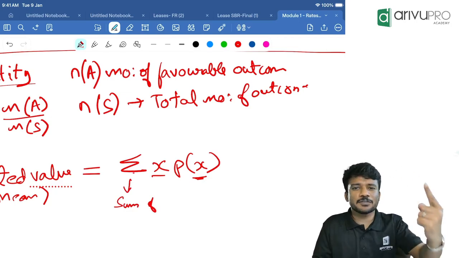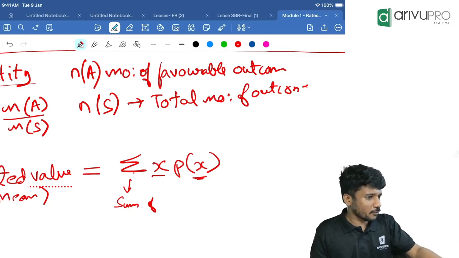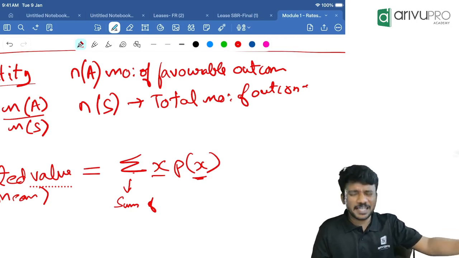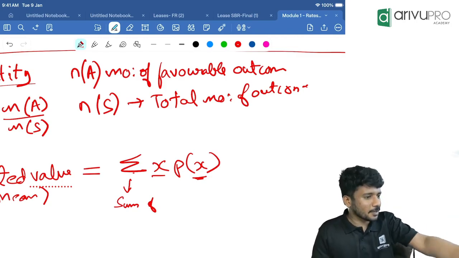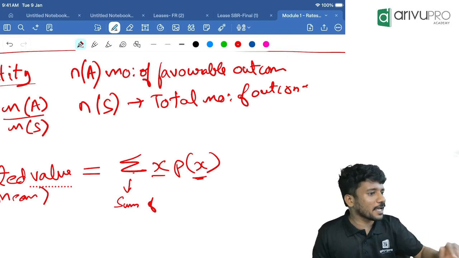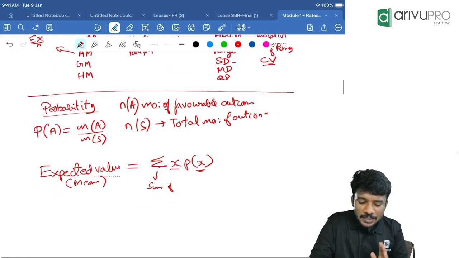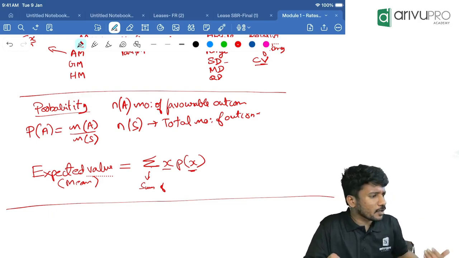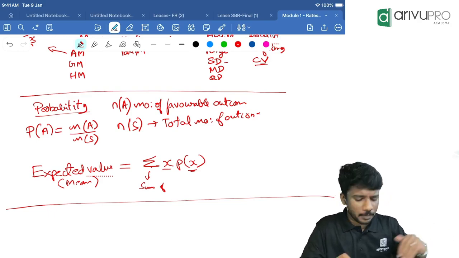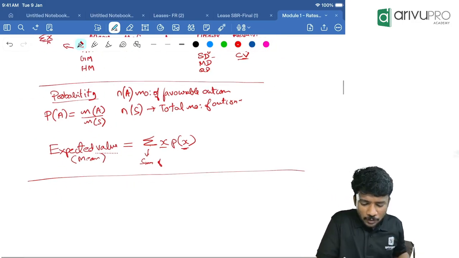For example, the first x value is 1. Corresponding probability is 0.4. That means 1 into 0.4, plus the next x value, let it be 3. So 3 into the corresponding probability, etc. Multiply, add, multiply, add, multiply, add. We will go about it, and that's the method of expected value. This is also something you might have learned in random variables in the past from probability. If not, we will anyway learn it. Then we have correlation.